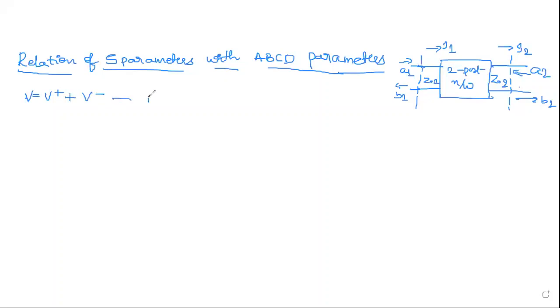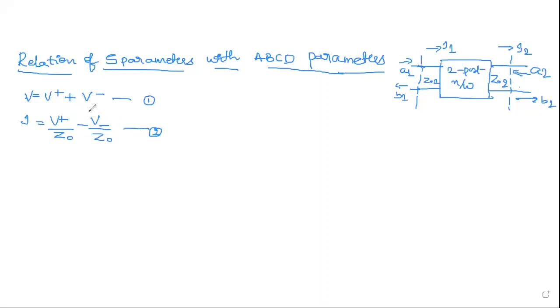Consider this as equation 1. Similarly, I'll write for current in terms of voltage. So it will be V plus divided by Z naught, minus V minus divided by Z naught. This will be the second equation.